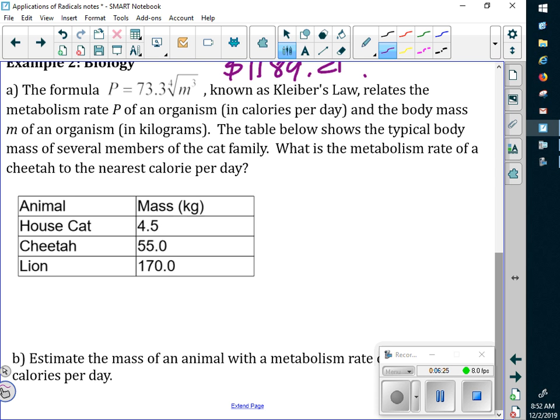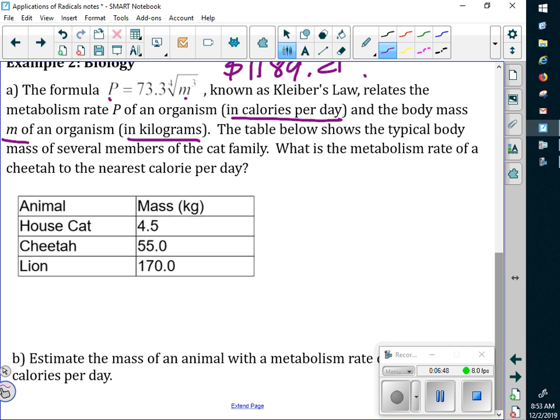All right, so let's take a look at this. What does the P stand for? The metabolism rate in calories per day. And the M stands for the mass in kilograms.